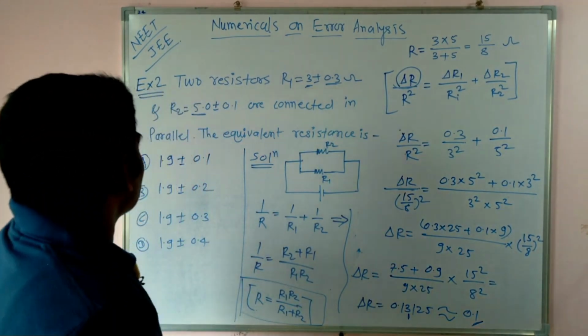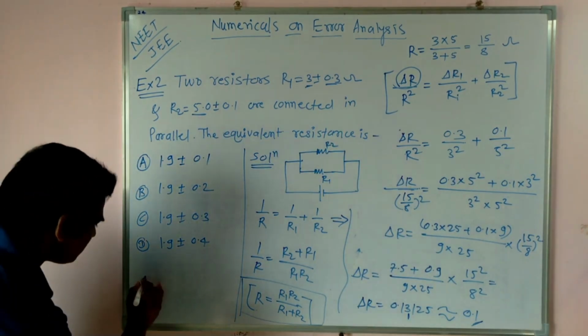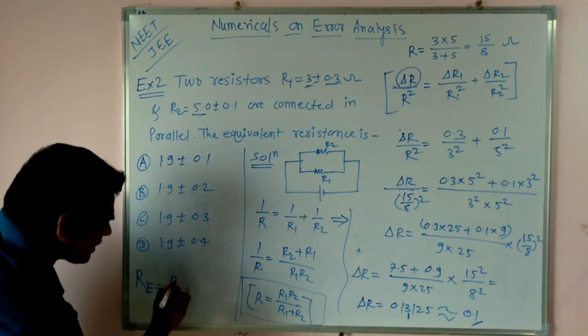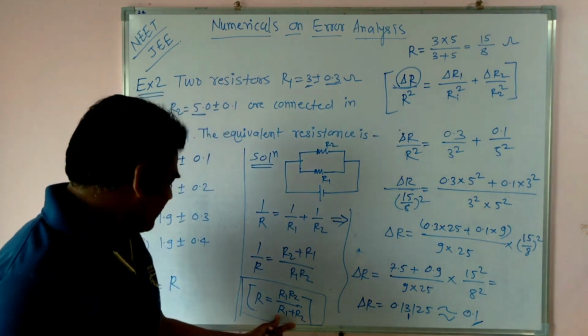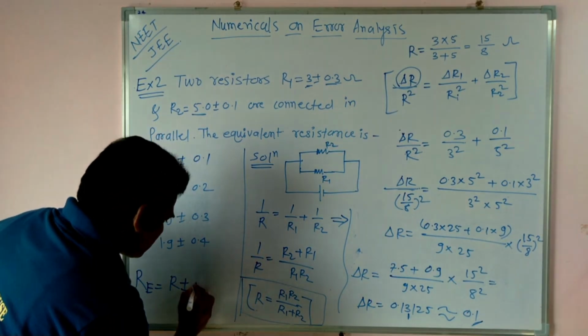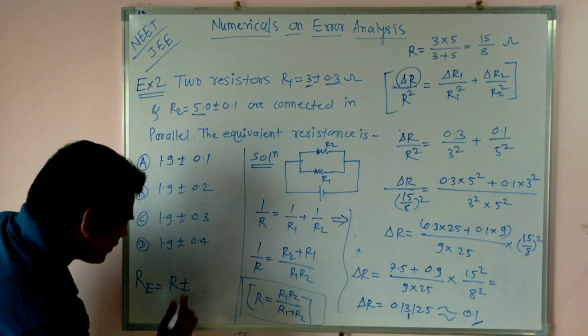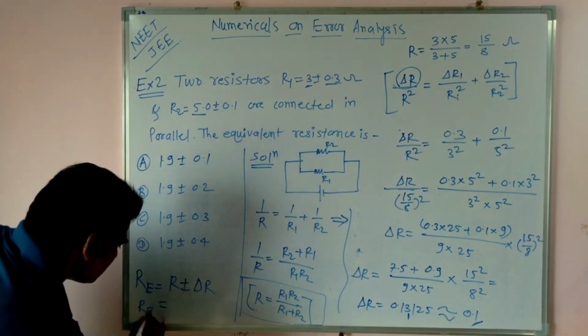Okay. Now what is asked? The equivalent resistance we have to calculate. So equivalent resistance will be what? This R, the true value of the equivalent resistance, plus or minus the error in that, this is delta R, 0.1. So R equivalent is what?